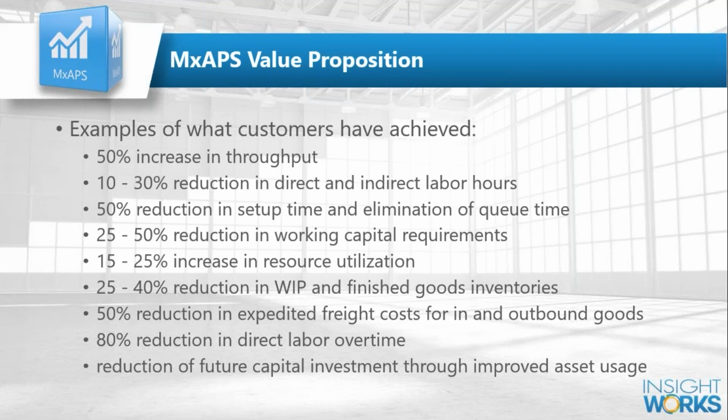I forgot to rant about this in the middle of the demo, but what we see quite often is, if I walk into a shop and I see a lot of WIP out there, you've likely got a scheduling problem, or you're just really busy. But what ends up happening, if you don't have a tool like this, you get a lot of local optimization, right? Somebody comes in and they're supposed to do a specific work order.